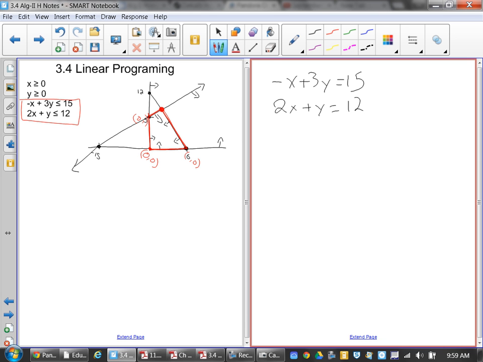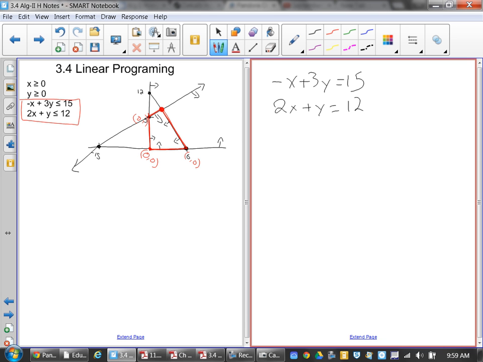Now, there's multiple ways of doing it. You've got linear combinations where you multiply things together and add them, or you can use substitution. Substitution works really nicely when you have a variable with a coefficient of 1, or a variable you can get by itself really easily.